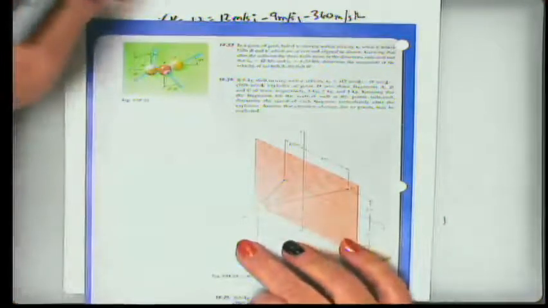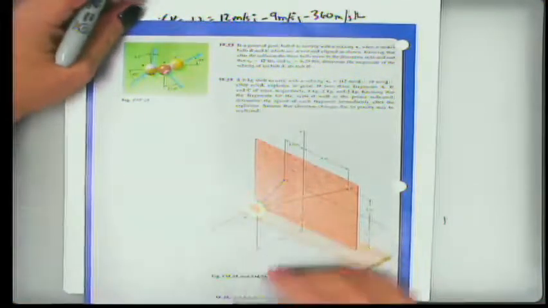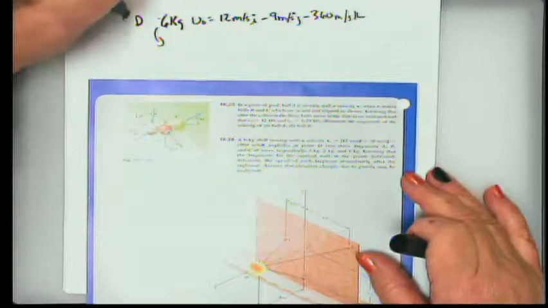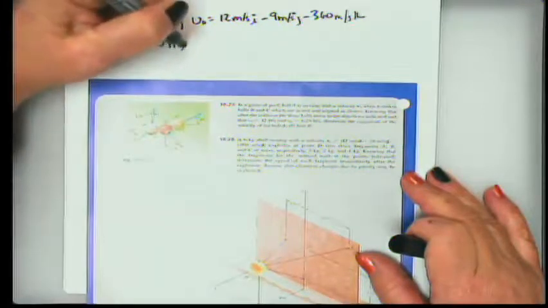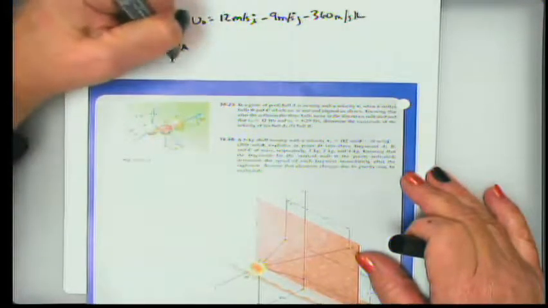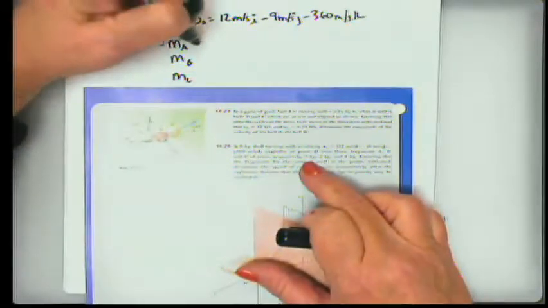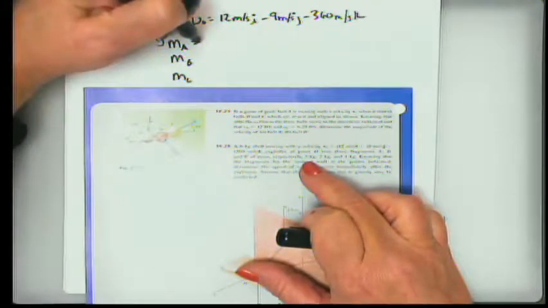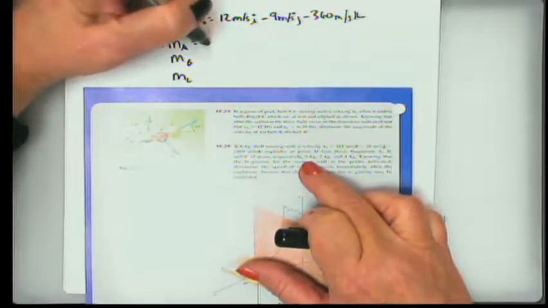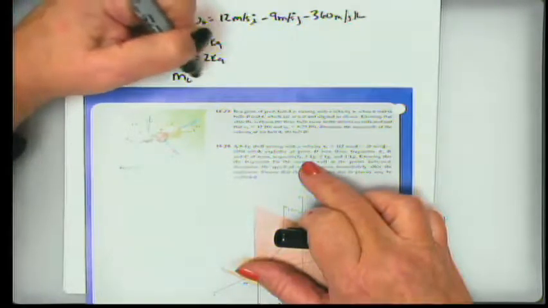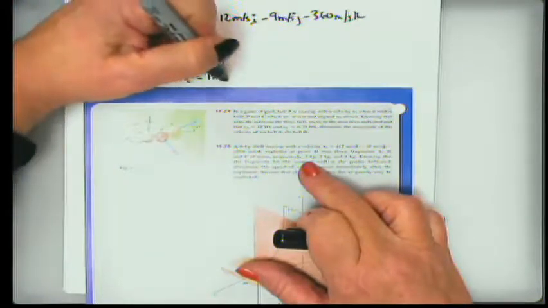All right? When it explodes, D, the 6 kilogram, breaks into 3 fragments, which are A, B, and C. So the mass of A is 3 kilograms, B is 2 kilograms, and C is 1 kilogram.